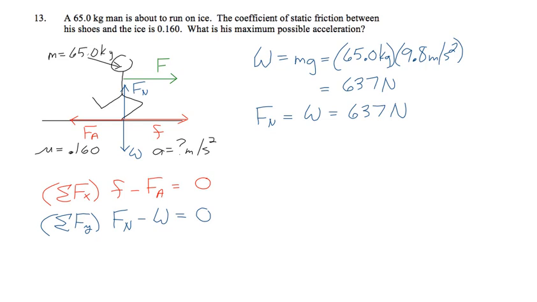Now that I know the normal force, and I know the coefficient of friction, I can solve for friction. So friction equals mu Fn. Mu is 0.160, and the normal force is 637 newtons.